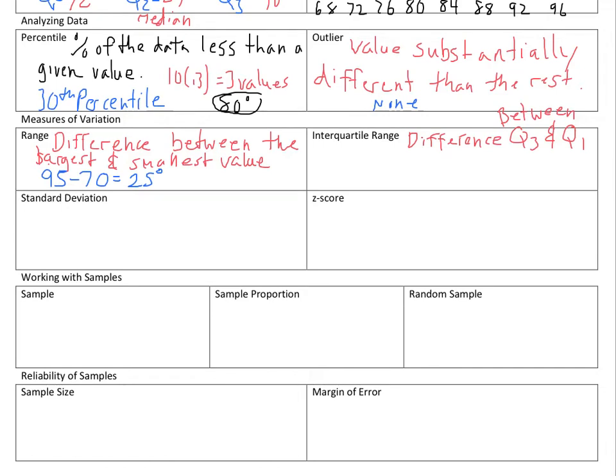So the difference between the quartiles, and for this particular problem, my quartile 3 is, what is it? It's 90. It's Q3 90. And my quartile 1 is what? 72. So what do you get when you subtract the two?